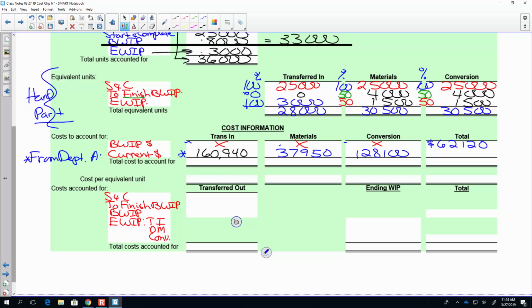We add those 3 up. $326,990. I'm just going to add that to the 62,120. 389,110.